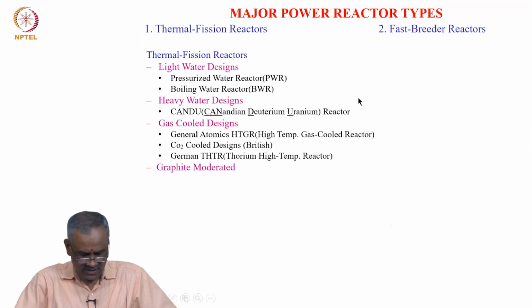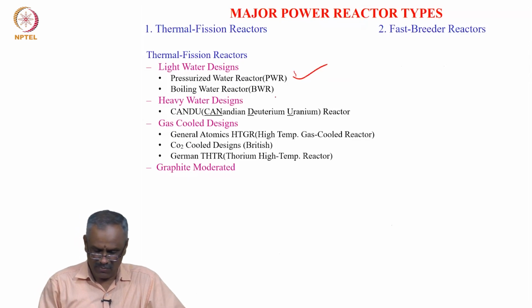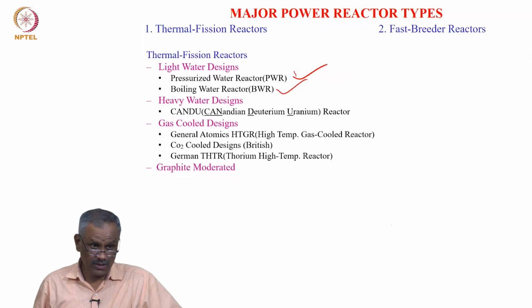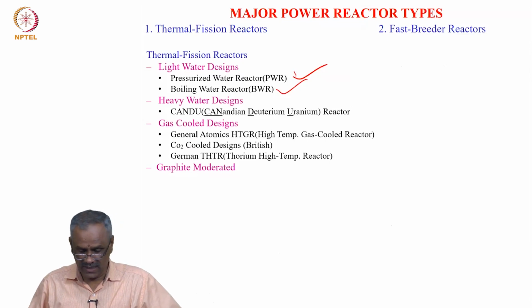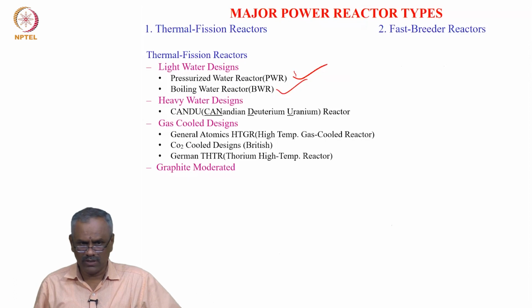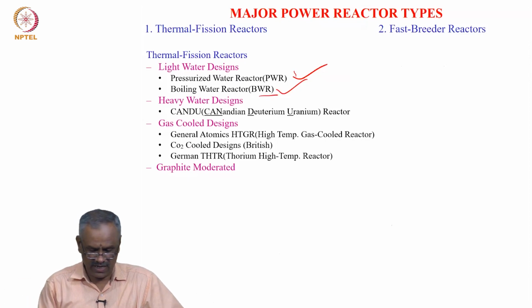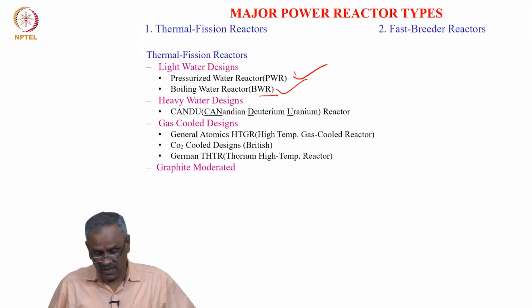This includes the PWR, the pressurized water reactor, and the boiling water reactor. When normal light water is sent in as a coolant, it can become vapor, and that steam can be used directly to drive the Rankine cycle. That is called a boiling water reactor. But sometimes the boiling water reactor may not be advised.